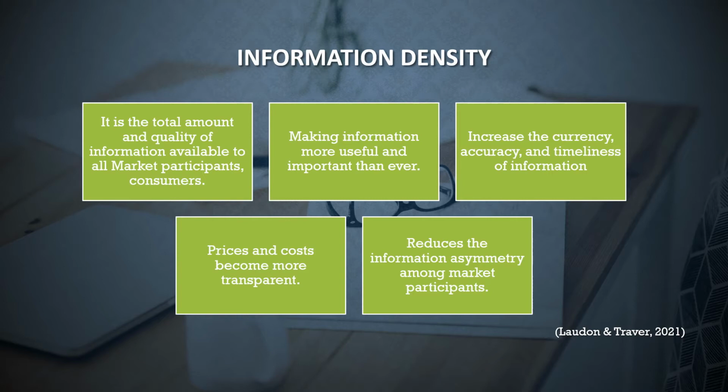Users can search one product over multiple websites and compare the price. So it makes the prices and the cost of those products more transparent, and reduces the asymmetry. It is also the total amount and quality of information available to all market participants, consumers, and it helps to make the information more useful and more important.